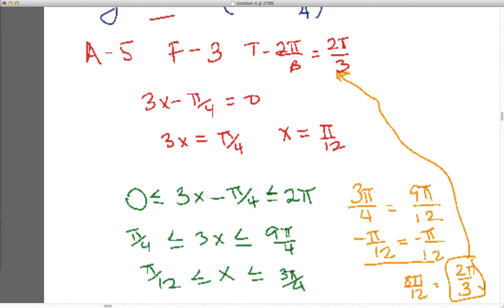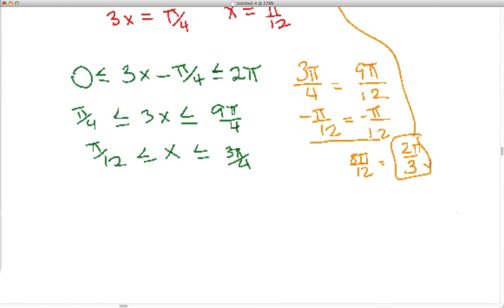Okay? So now we're going to add the period times 1/4. We need that measurement to figure out what the individual points are going to be for that fundamental cycle, the first fundamental cycle we're looking at. In this case, we got pi over 6.